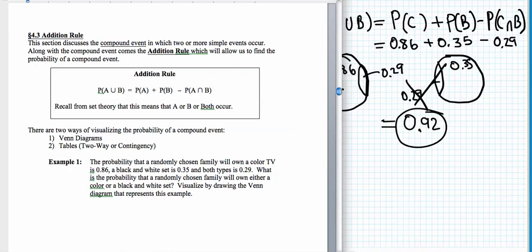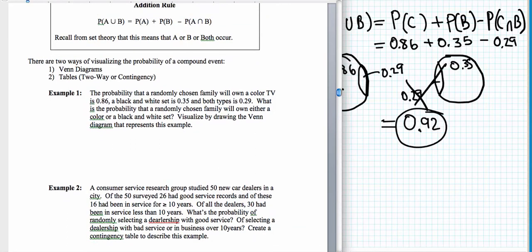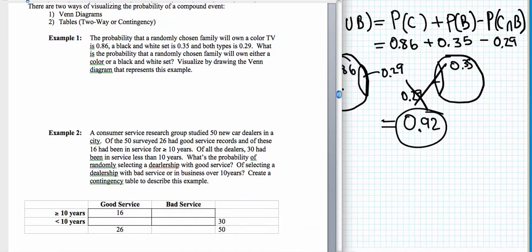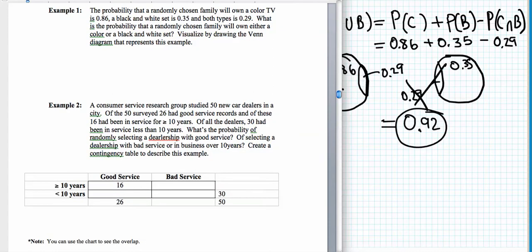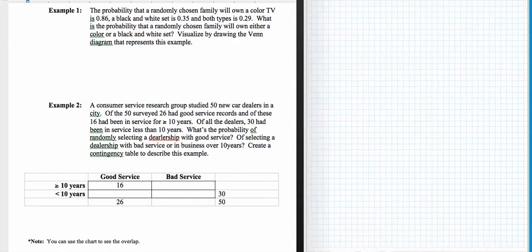Okay, now our next question is going to introduce the idea of a two-way table. With this two-way table, we're going to be finding the same probabilities that we were before, but from the two-way table, and we're going to be building the table from the description. So our first task is to complete a table.